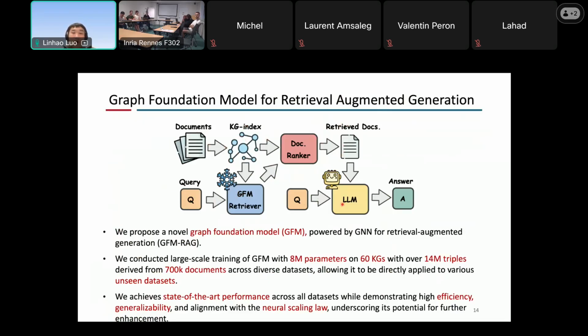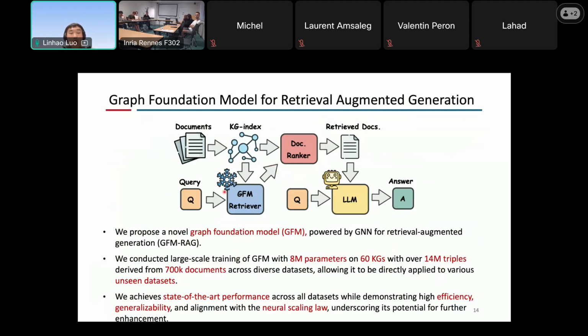These relevant documents will be fed together with the question into the LLM to generate the final answers. Our graph foundation model is trained with large scale pre-training on around 60 knowledge graphs with over 40 million triples. After this large scale pre-training, it not only shows great performance, but also great generalizability.